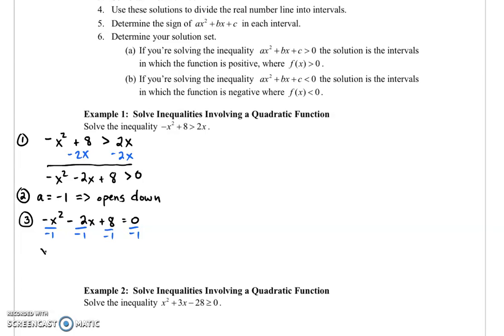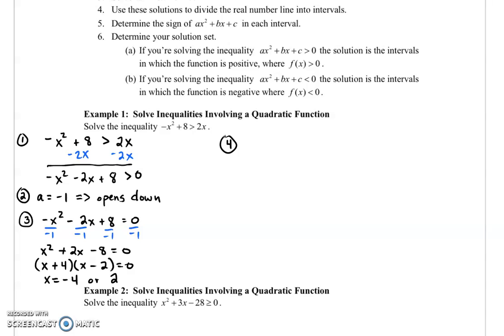That gives us x squared plus 2x minus 8 equals 0. If we factor that, we get x plus 4, x minus 2 equals 0. So x is negative 4 or positive 2.